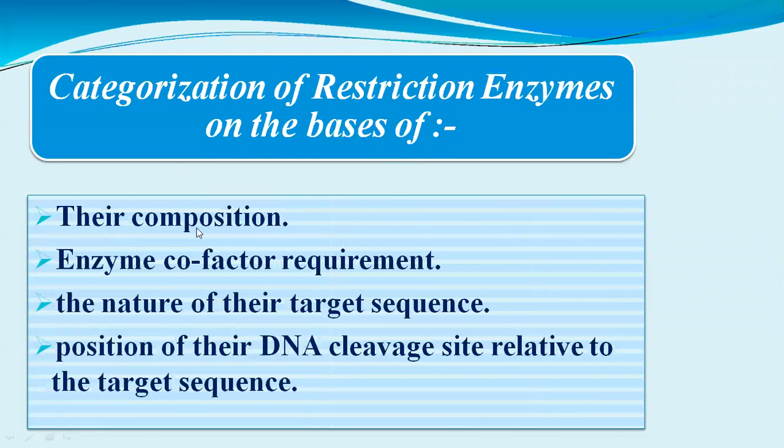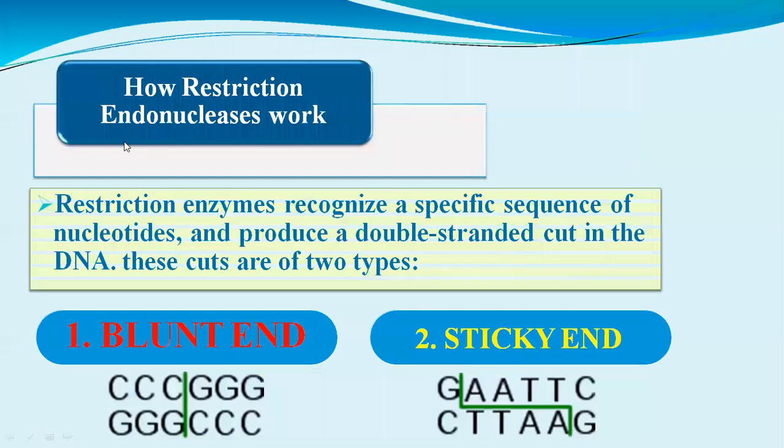Okay? First of all, what is their composition? What enzyme cofactor do they require? What is the nature of their target sequence, and the position of their DNA cleavage site relative to the target sequence? Then, how do restriction endonucleases work?